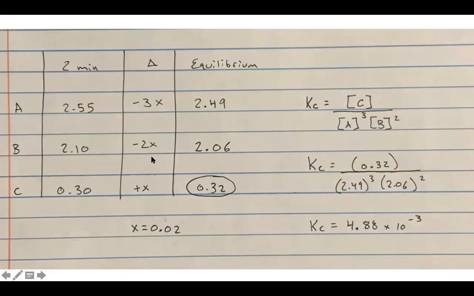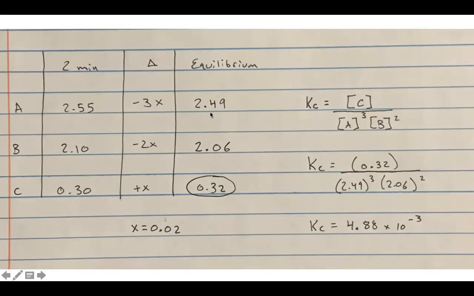The change for compound C would again be positive x. That change is equal to our concentration at equilibrium minus our concentration at 2 minutes, so x here is equal to 0.02. Again, we plug that in for B and A to find our equilibrium concentrations.